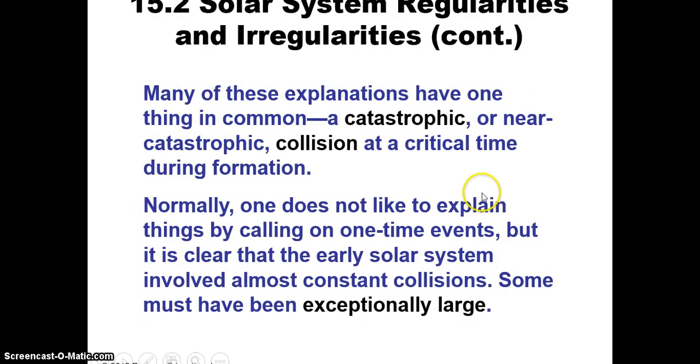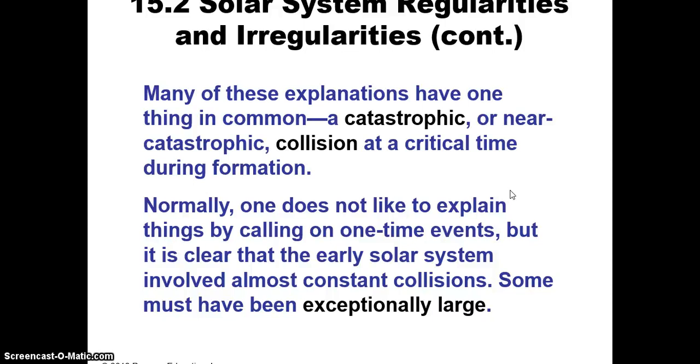All right, so many of these explanations have one common thing: this catastrophic or almost catastrophic, almost completely destroying collision, right? Catastrophic would be the kind where these things are completely broken apart at one instant. And normally in science, you want to have an explanation that's not like a one-time thing, right?